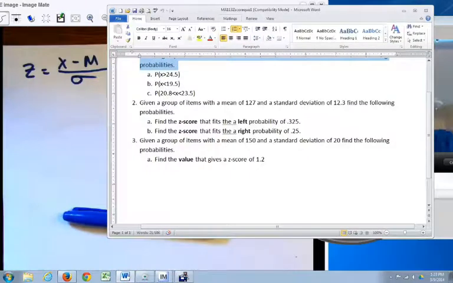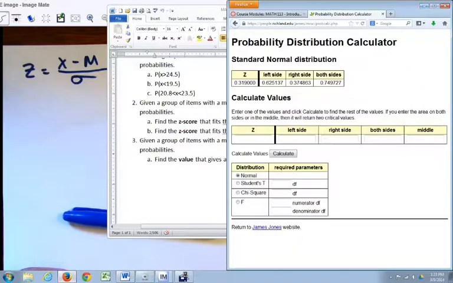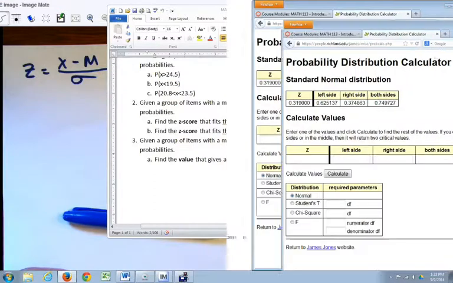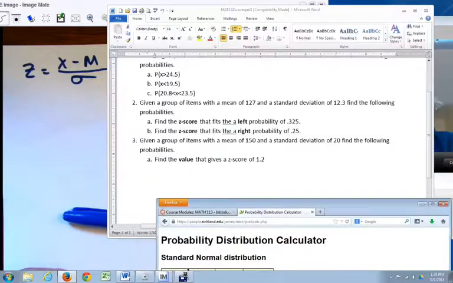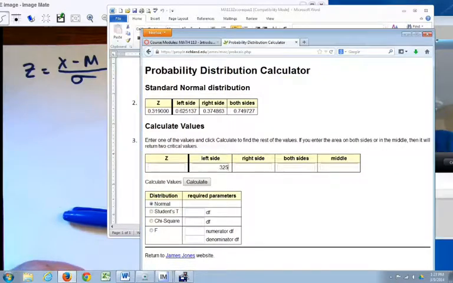If we take a look at this problem, it says, given a group of items with a mean of 127 and a standard deviation of 12.3, find the following probabilities. We need to find the z-score that fits this left probability. If we have 0.325, all I have to do is put it in the calculator, as you can see, left 0.325.